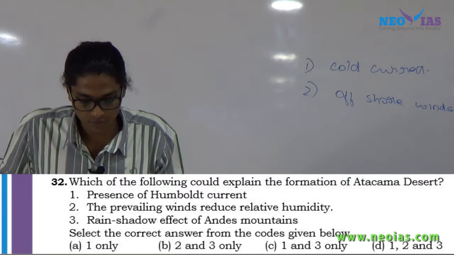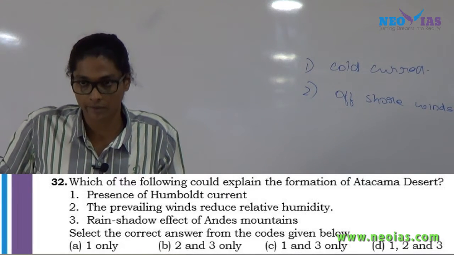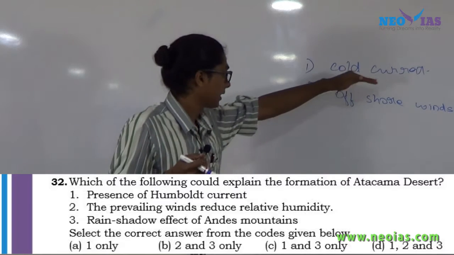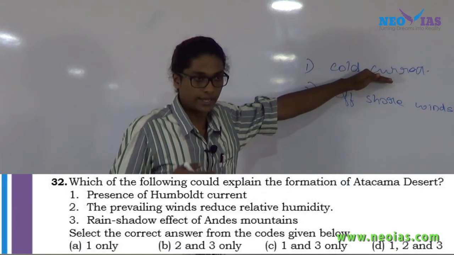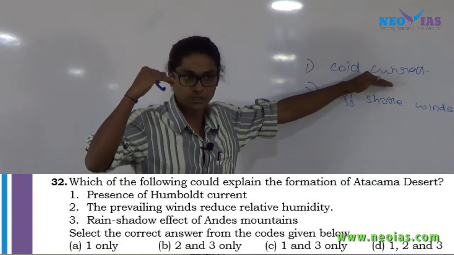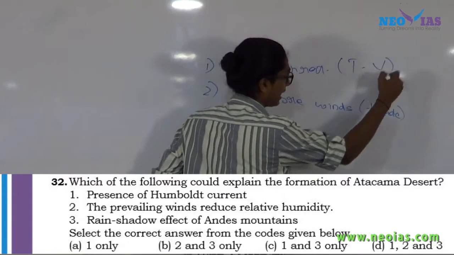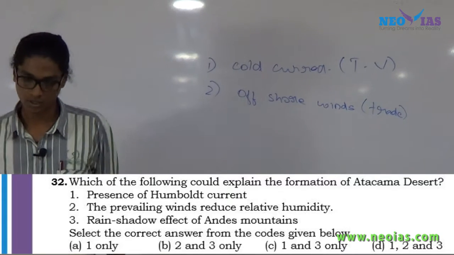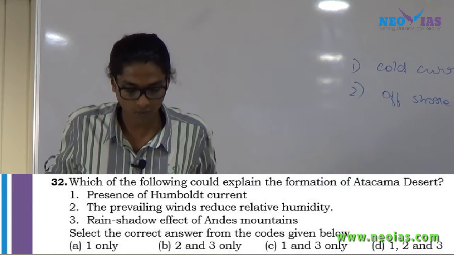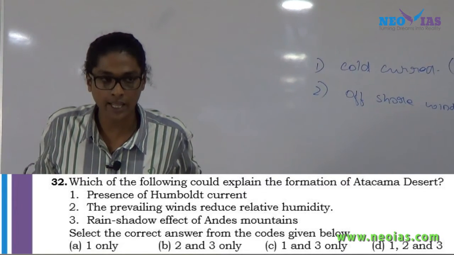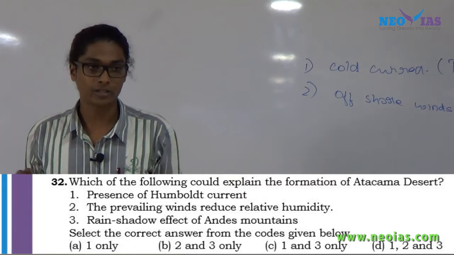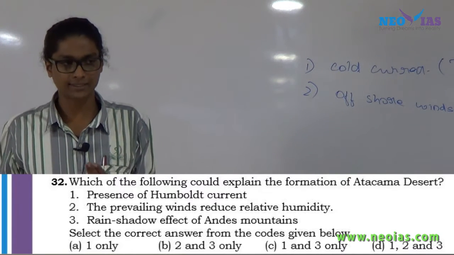Now, go through the first one, the presence of Humboldt current. Humboldt current is nothing but a cold current, okay, and it will favor dry conditions, reducing precipitation or resulting in temperature inversion. Now, the second one, the prevailing winds reduce the relative humidity. What is the prevailing wind existing there?